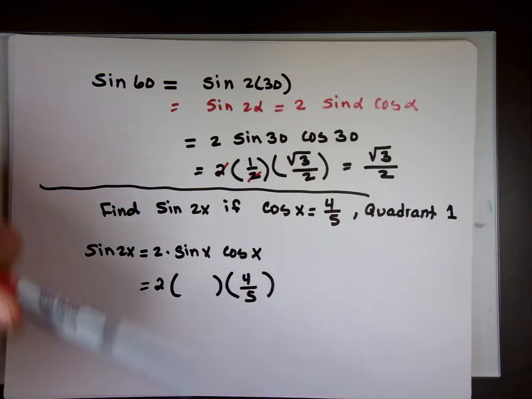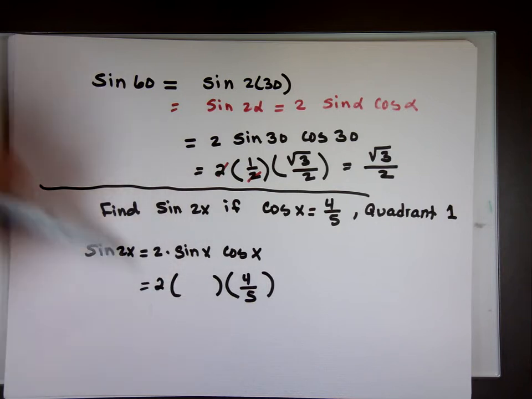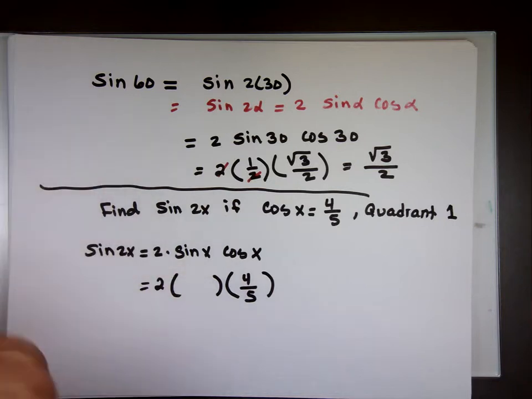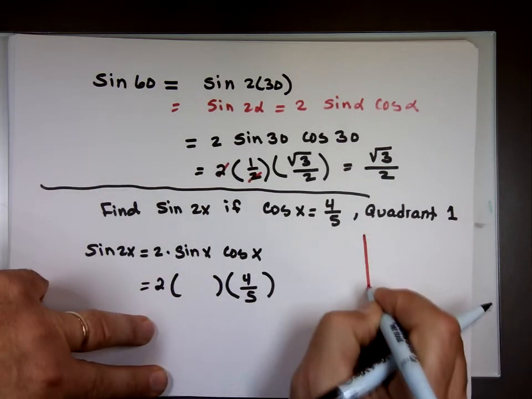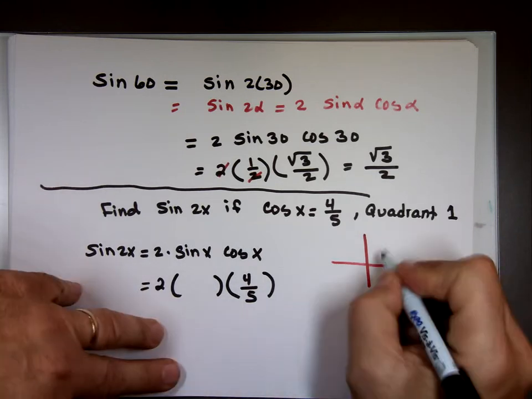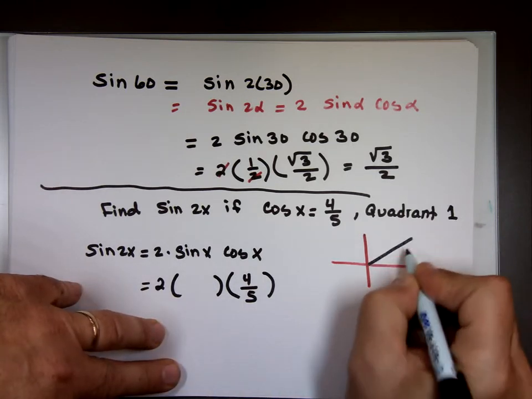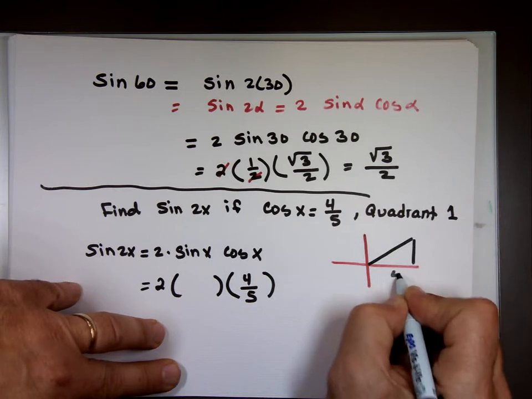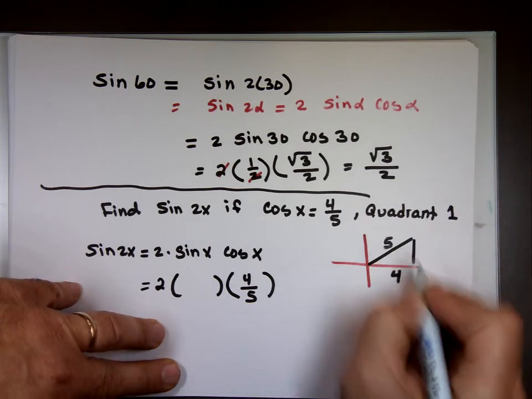We're going to use the other formula. So I need to find what sine of x is. So I look at my table in the first quadrant. The cosine is the adjacent over the hypotenuse. So this is the 4, that's the 5. Can we find what that side is?